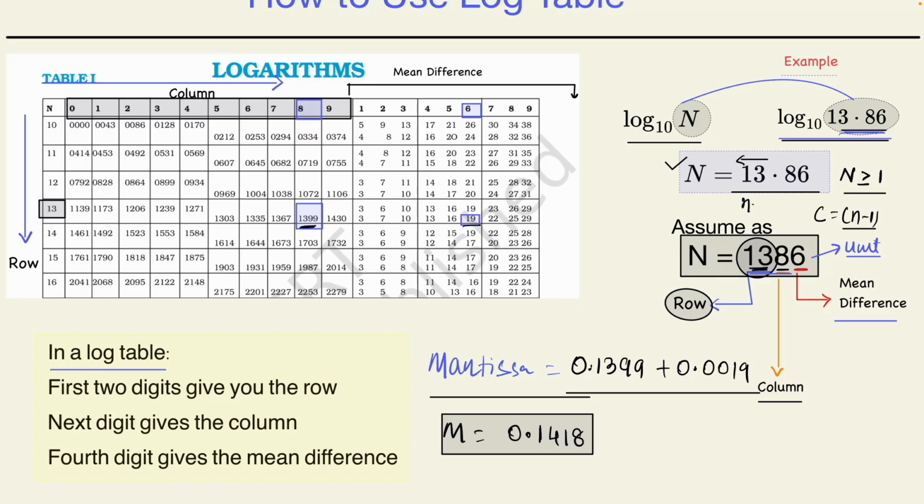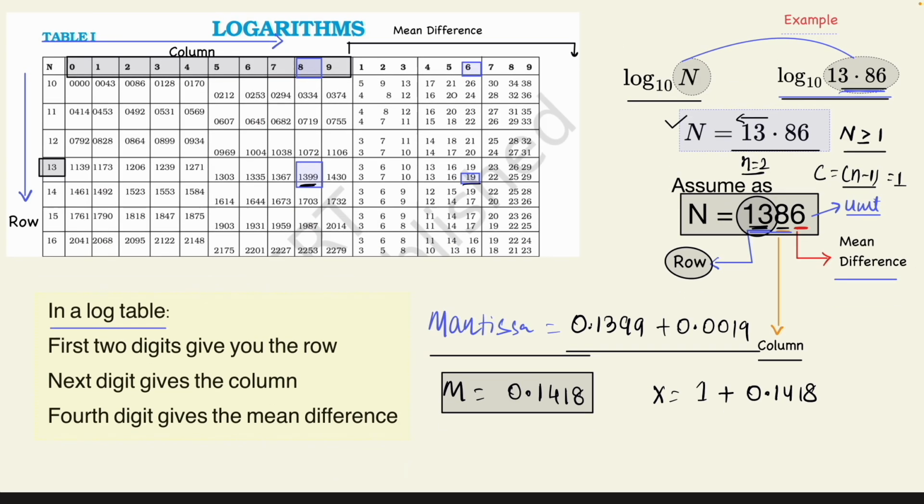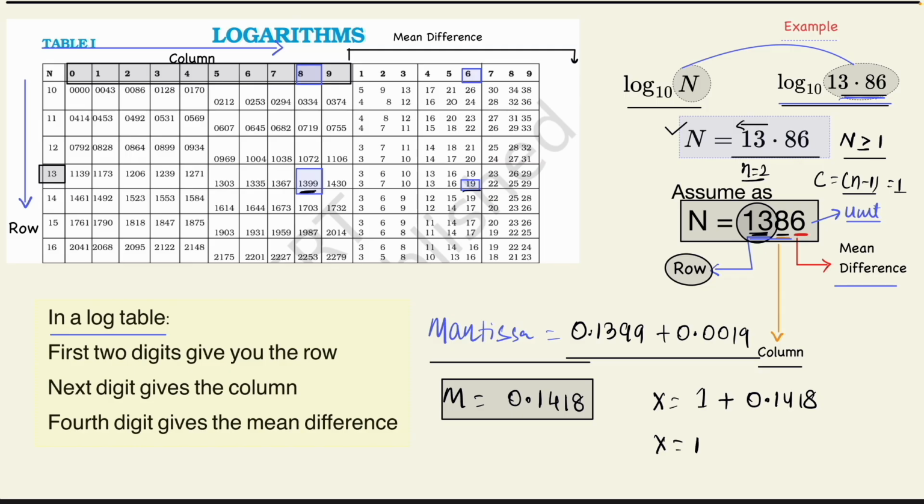So n is here 2. So 2 minus 1 is equal to 1. So if we have to find the log of this, we can simply write it as 1, which is the characteristic, plus Mantissa is 0.1418. So based on that, we can easily find the log value of this number. So this is just an understanding of a logarithm.